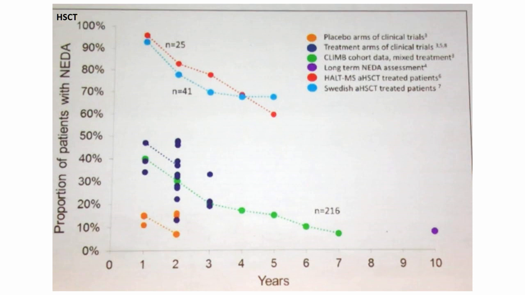NEDA stands for no evidence of disease activity, and is a composite measure of not only clinical outcome measures but also MRI lesion counts as well. And this shows quite clearly that HSCT is superior to traditional outcomes.